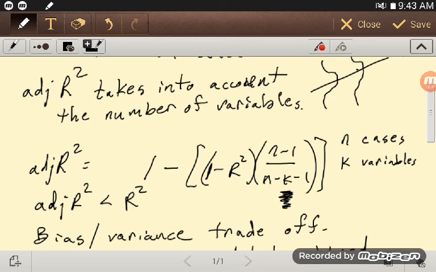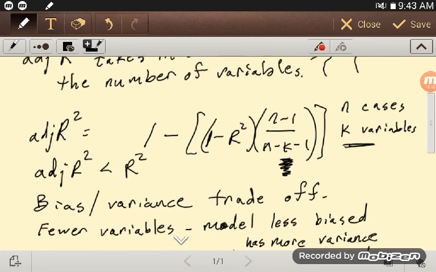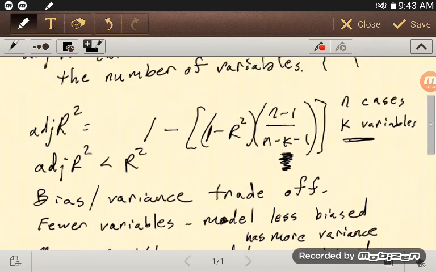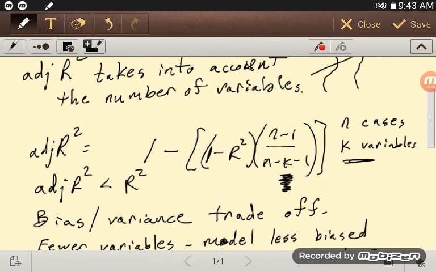We have to take our R squared, subtract it from 1, multiply by this fudge factor involving the number of variables, and then subtract that from 1. So that is this idea of adjusted R squared.